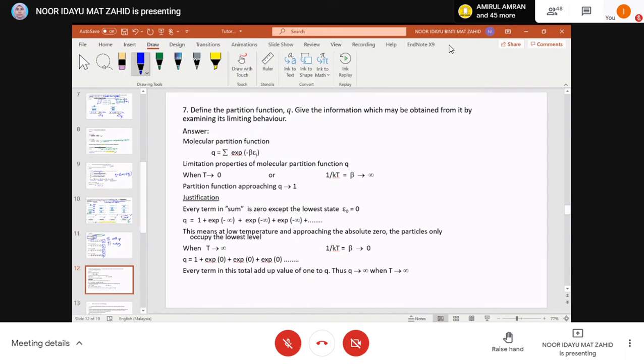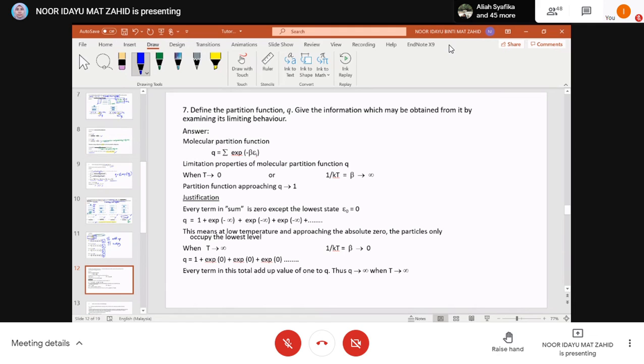Question number 7. Define the partition function Q, the molecular partition function, and give the information which may be obtained from it by examining its limiting behavior. This is actually available from your lecture note.